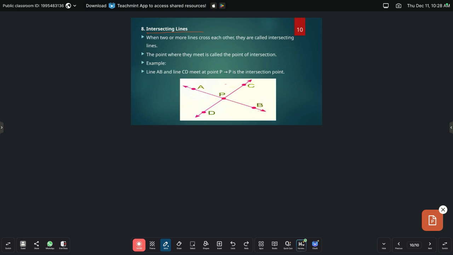You can see from the figure, line AB and line CD are crossing each other and they are meeting at point P. Such lines are called intersecting lines. And the point at which these two lines are meeting, that is point P, is called the point of intersection.